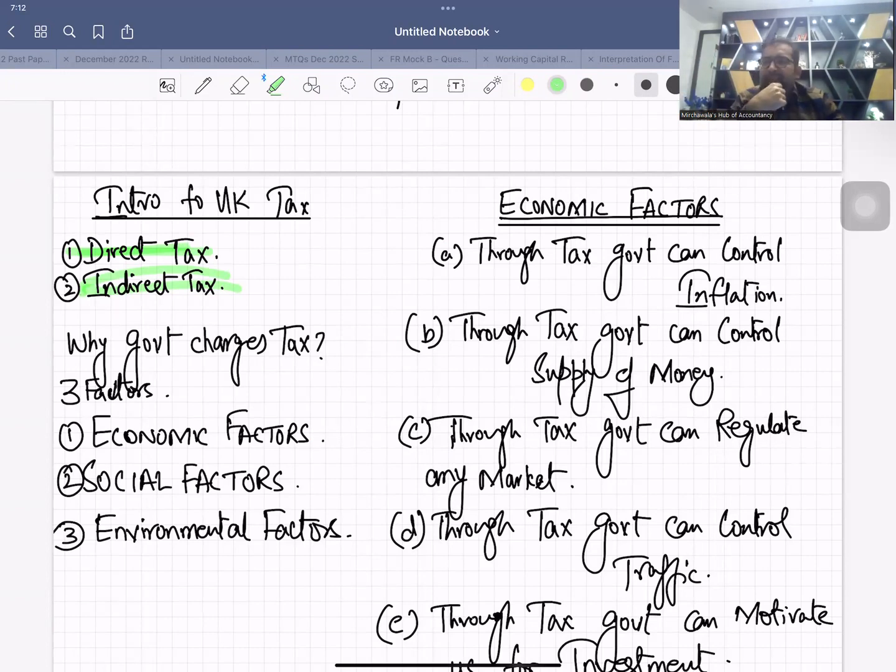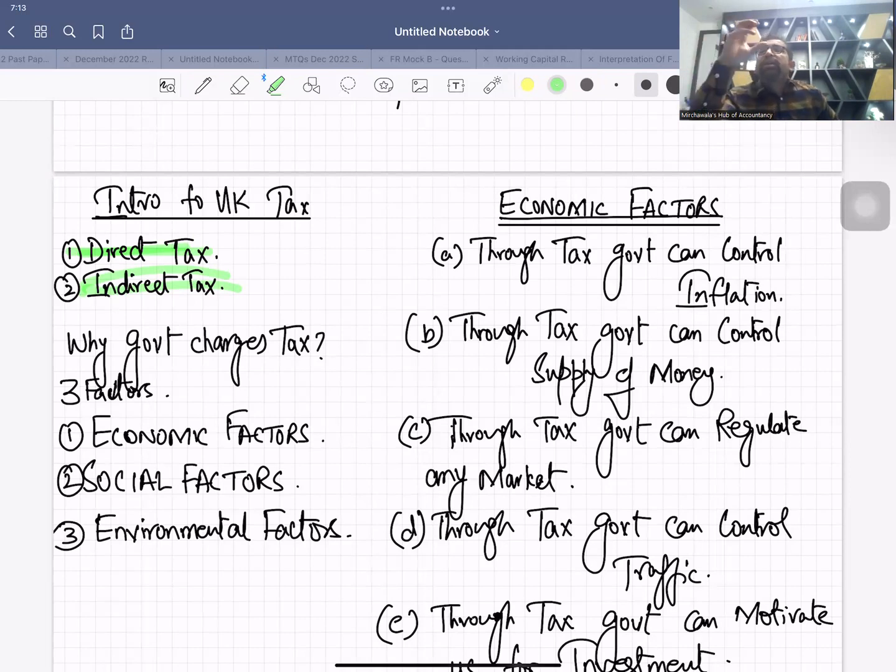The second is indirect tax. Indirect tax is applied on consumption of goods and services, and the burden of indirect tax is borne by the final consumer. You might have heard about value added tax or sales tax. If you drink a Pepsi or Coke, for example, the price of Pepsi is $1 plus $0.5 VAT, so $1.5 is the final price.